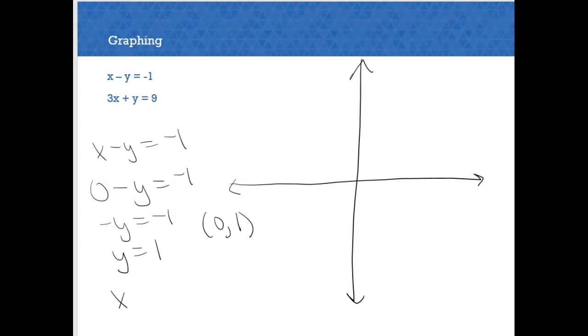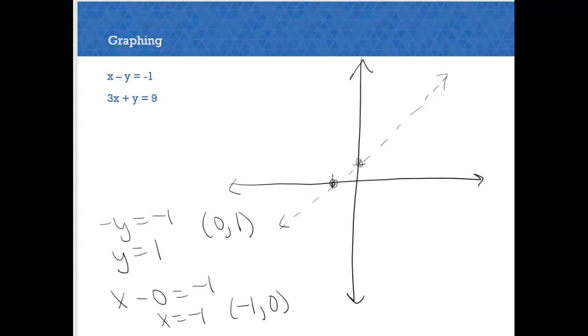So we get x minus 0 equals negative 1. So x equals negative 1. So negative 1, 0. So we have 2 points, 0, 1, and negative 1, 0. So to find intercepts, you plug in 0 for x, plug in 0 for y.